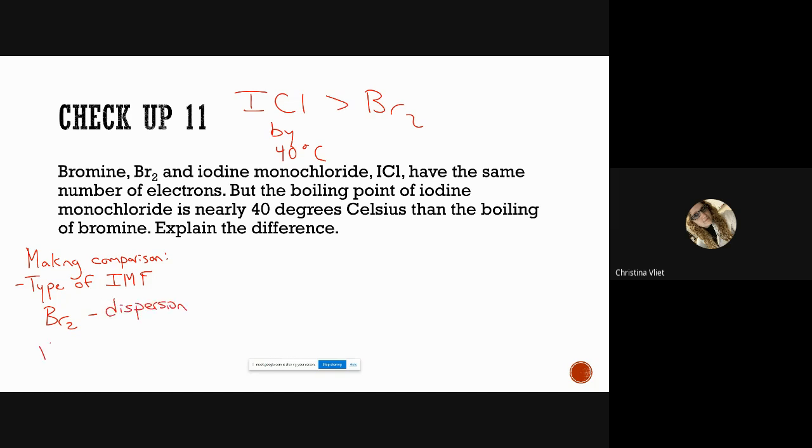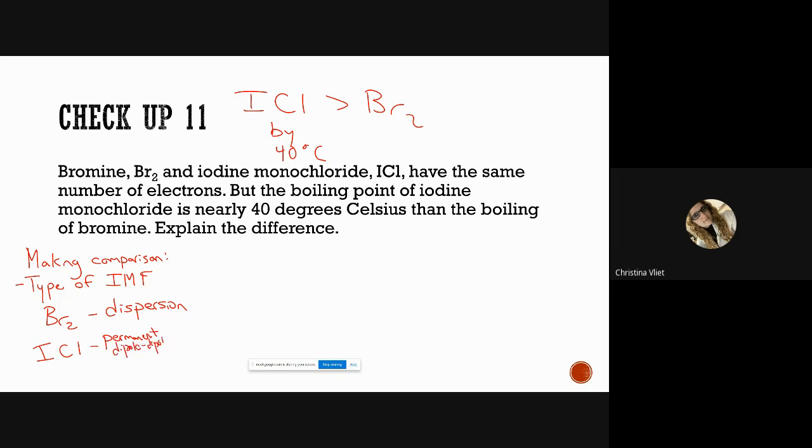What's ICl? What is the intermolecular force? Because remember, boiling means separating molecules from each other, so it has to be intermolecular forces. Permanent dipole-dipole, correct. Team is absolutely correct here.